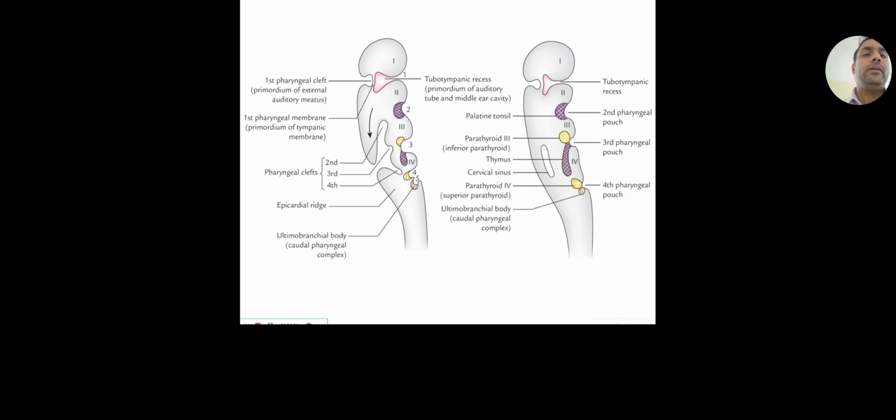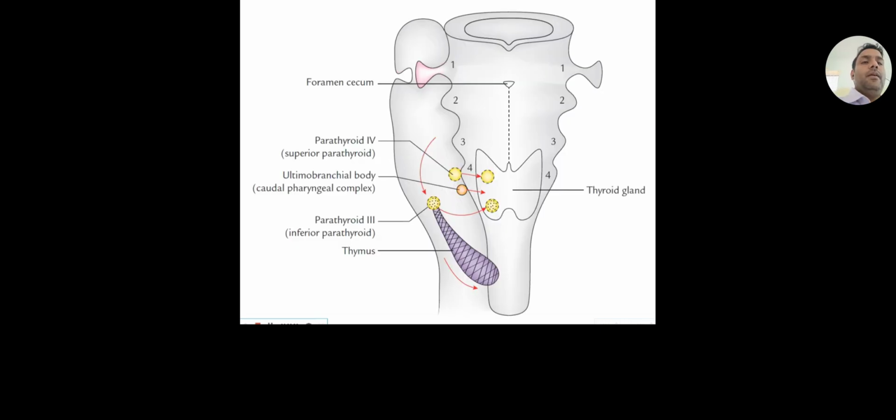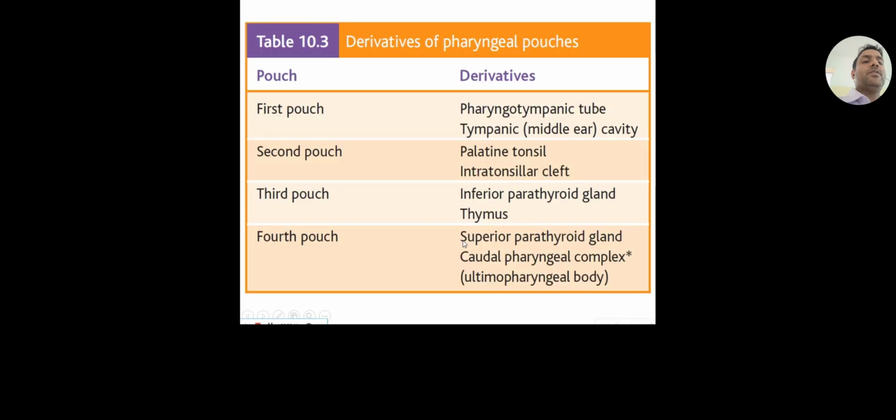And coming to these endodermal pouches, how will these endodermal pouches form? You can notice here they form different glandular structures and tubes of the head and neck. The first endodermal pouch will form the tubotympanic recess, which is involved in the formation of the auditory tube, and the second pouch will form the palatine tonsil and tonsillar cleft.